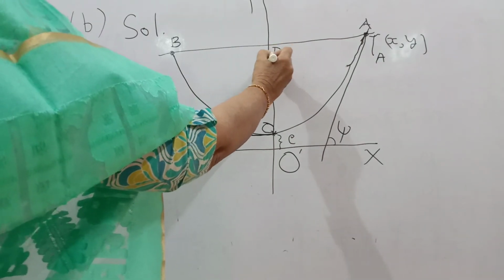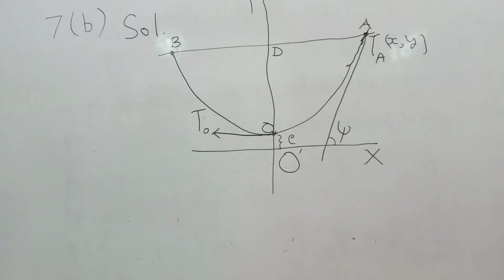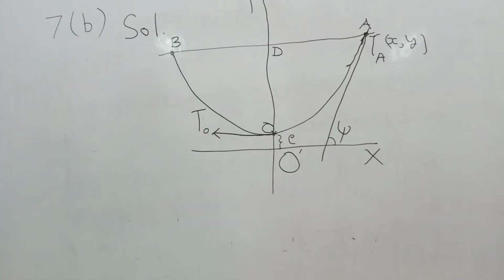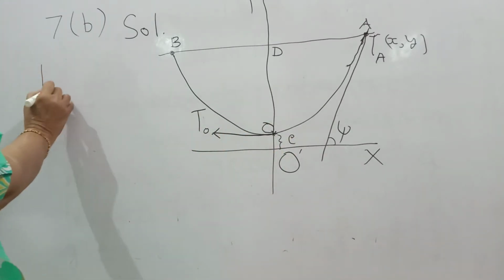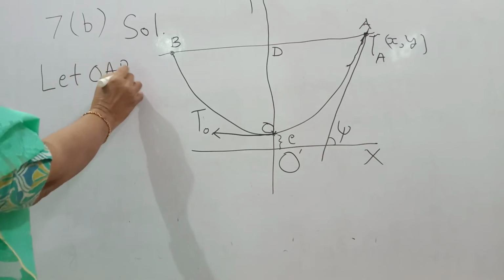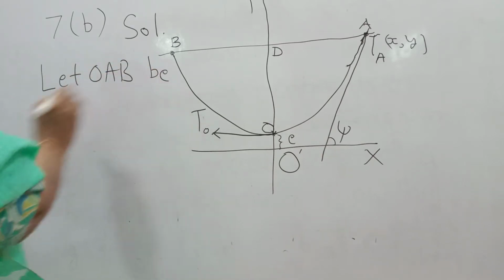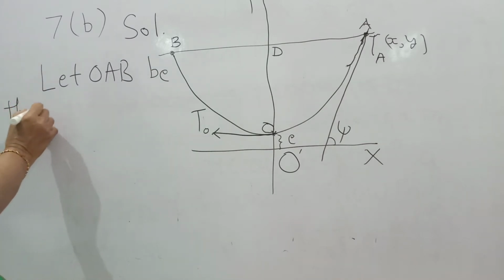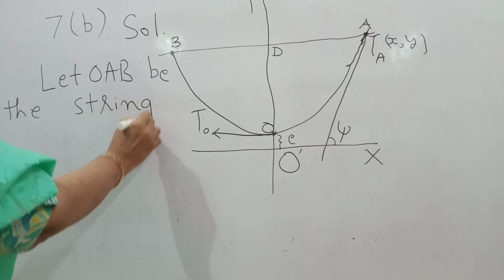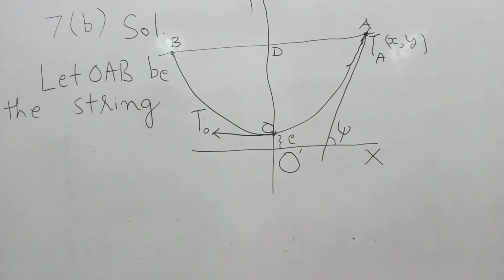So this is the figure. I hope the figure is clear to all of you. Now, let OAB be the string. In every question, what do you do?